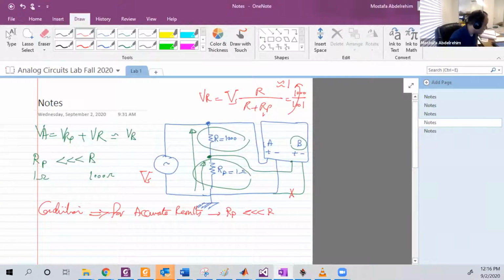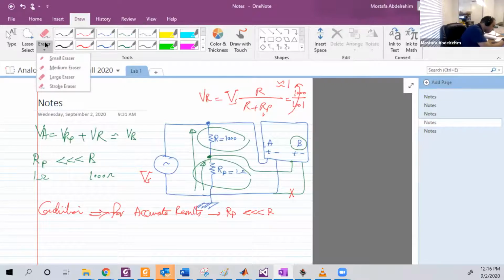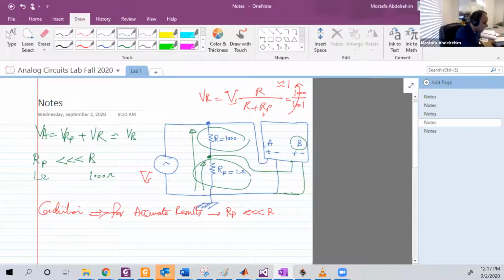Okay. So let's now do that. Instead of drawing everything from scratch, I'm gonna close the oscilloscope and the measurement stuff, and zoom in.